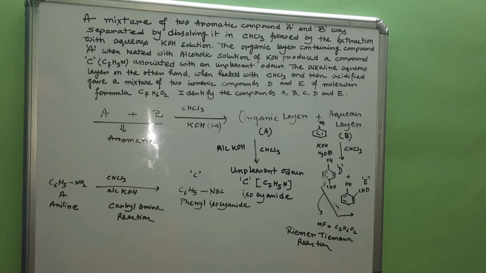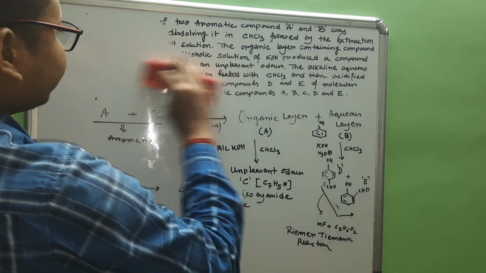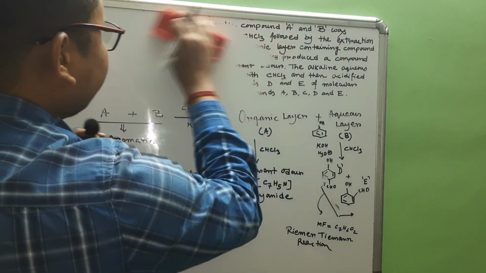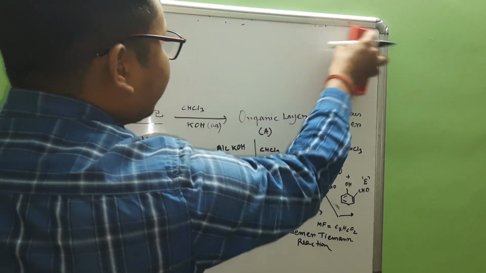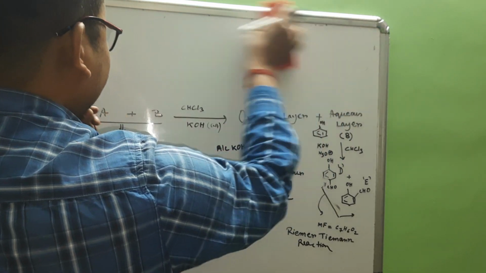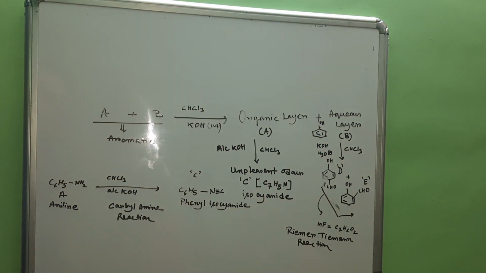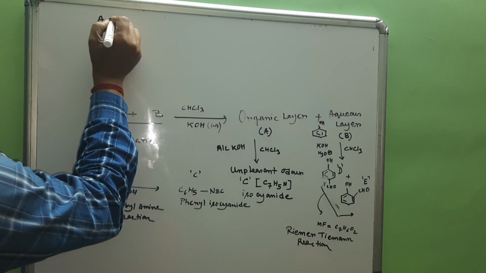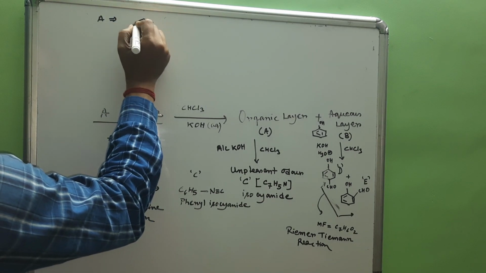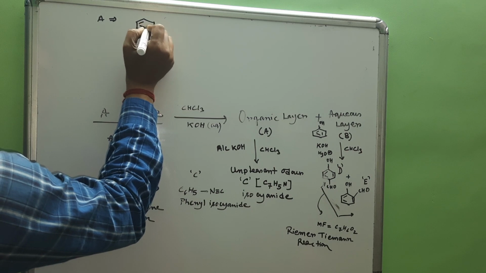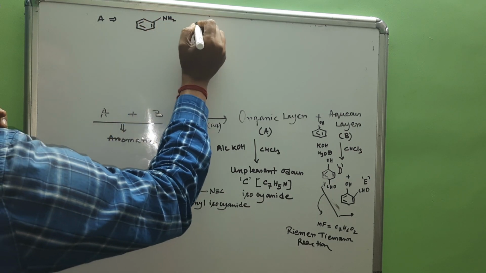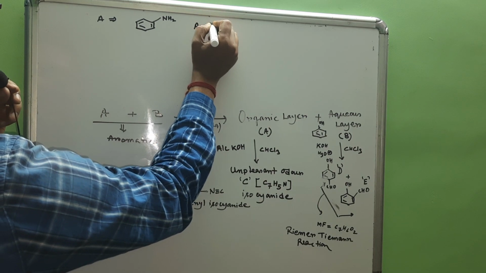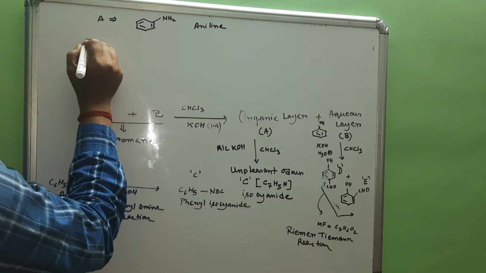Now we gist down the problem. Hope you can write the actual problem in your copy. Please bring your notebook handy. So what is A? A is nothing but aniline. What is B?